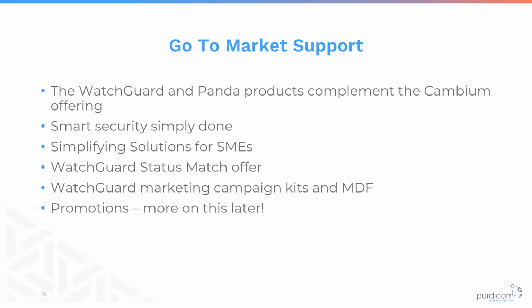So if, for instance, you are already a level 2 partner at another manufacturer, then you'll become a silver partner straight away for a period of time that's agreed by Purdicom, WatchGuard, and the partner. But you'll be status matched straight away. So you'll start receiving all of the extra discounts and special pricing straight away, which is a great way for you to get an introduction into WatchGuard.